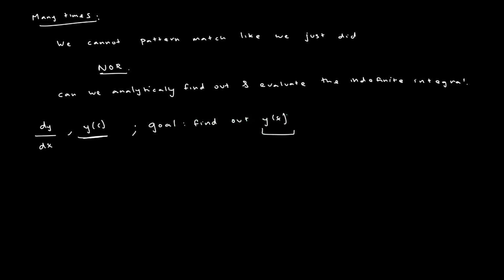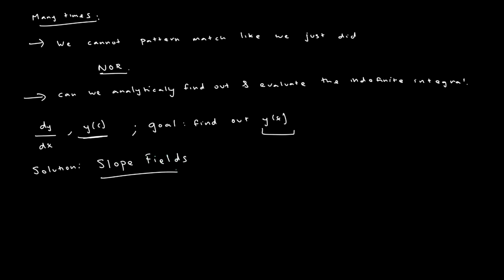So what do we do when we don't have these two options? Now we have to rely on numerical methods and graphical methods. And that's where slope fields come into play.